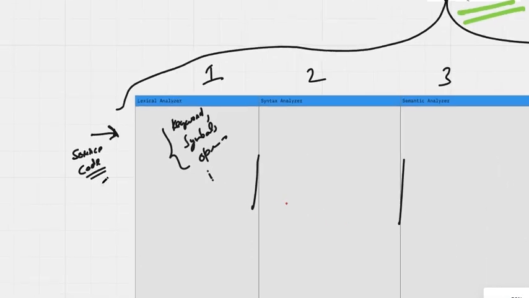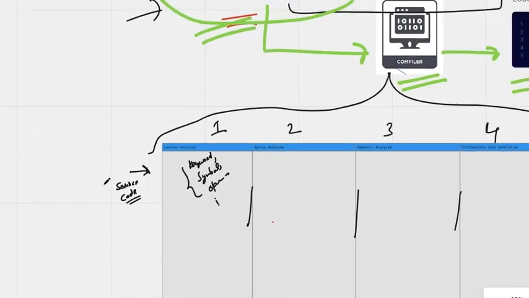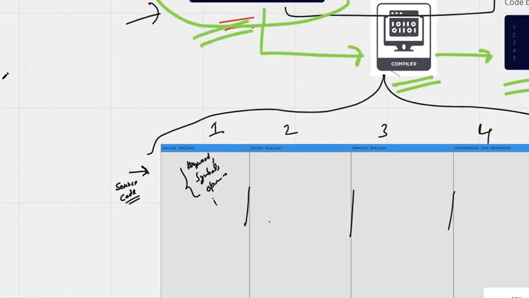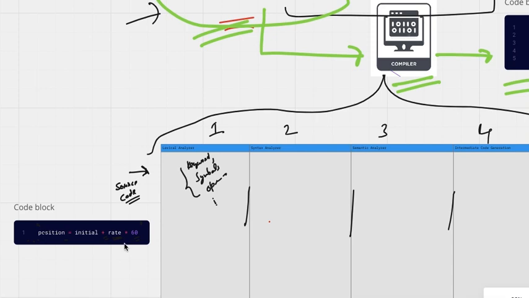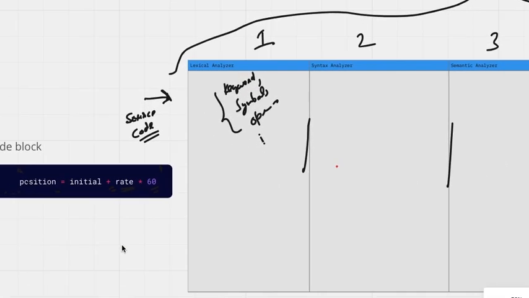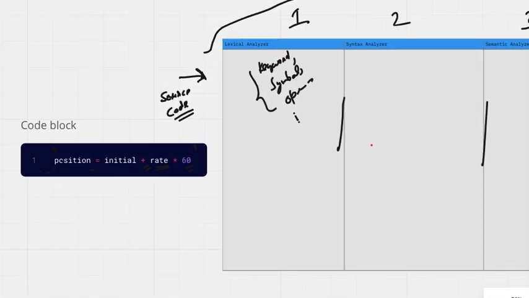For example, if we give the lexical analyzer this line as input, it checks the pattern on this sequence of characters separated by a space.